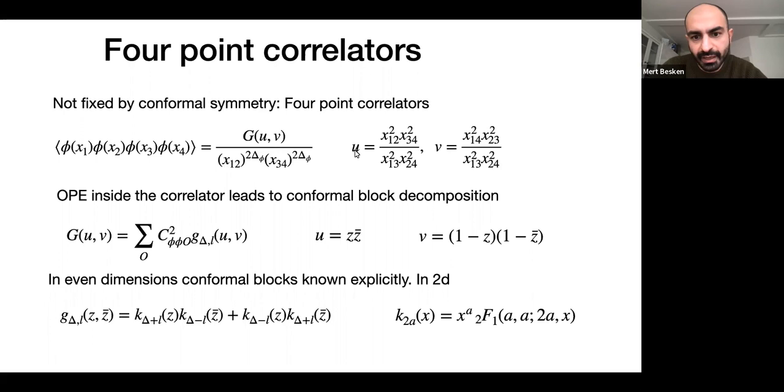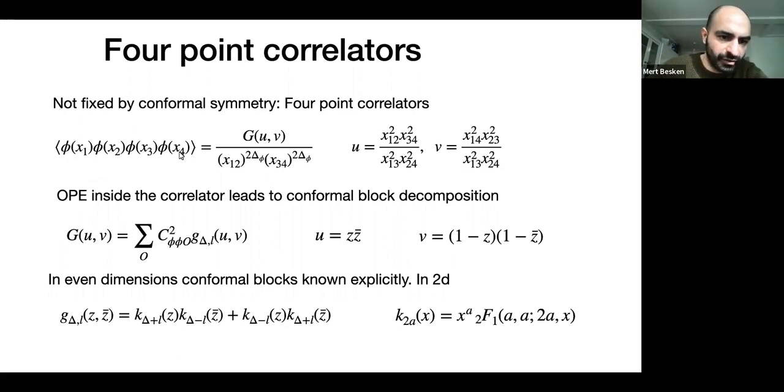Cross ratios are u and v, defined in terms of these x1, x3, x4, like this. As you can see, when you act with the scaling dimension on the differential representation of the scaling charge, it just leaves it invariant. You will get 0. So an arbitrary function of u and v can appear. That is, so that g is not fixed by conformal symmetry.